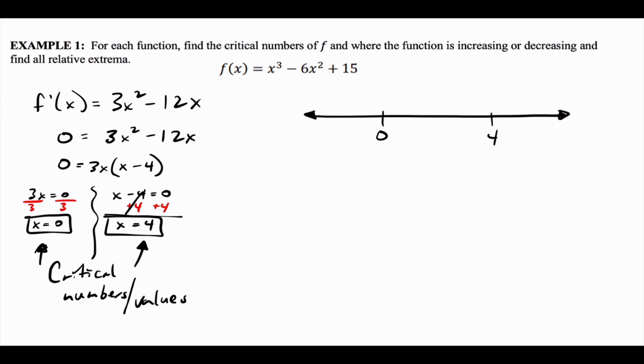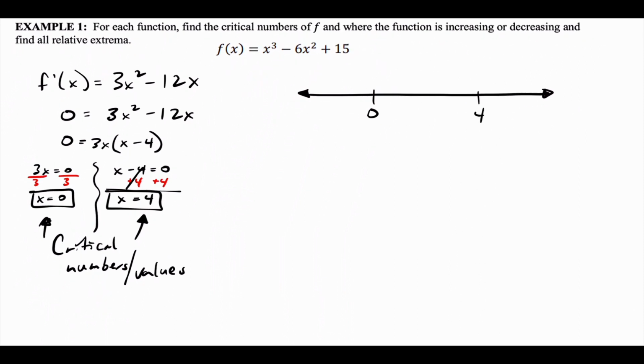I would suggest picking the easiest value you can, so probably 1. I'm plugging it into the derivative, because it's the first derivative test. This is the only time I plug things into the derivative. So the derivative was 3x squared minus 12x.